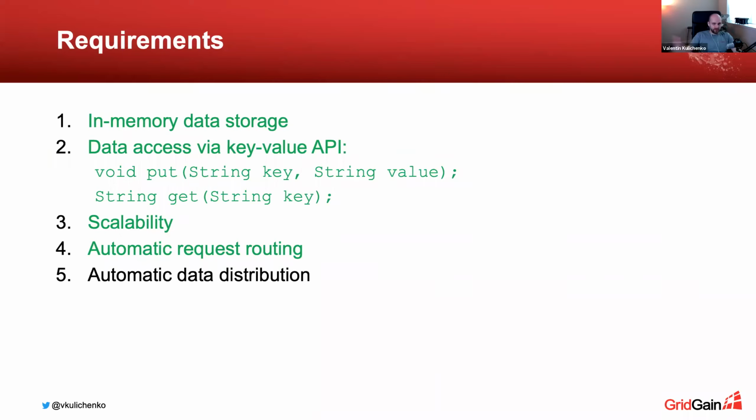We don't add new nodes or remove nodes or whatnot, which is, of course, not acceptable. We need to also have a mechanism for redistributing the data across the cluster when this kind of events happen, when we add nodes or when we remove nodes from our cluster.